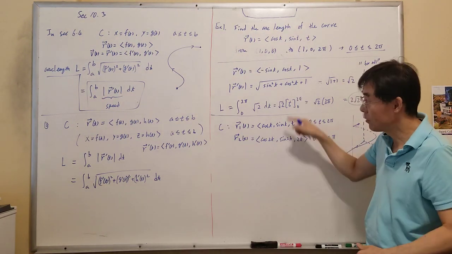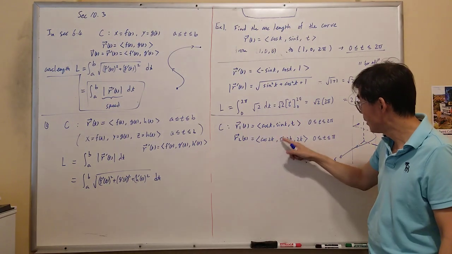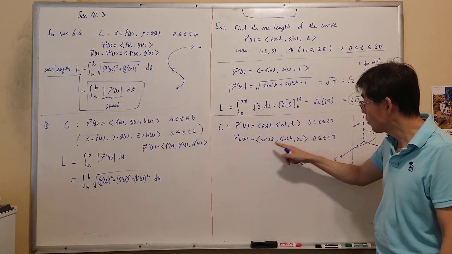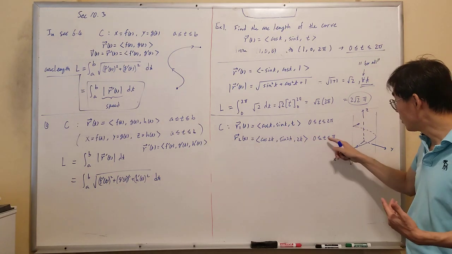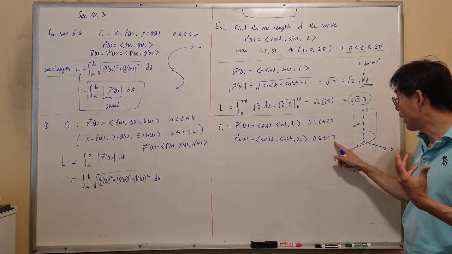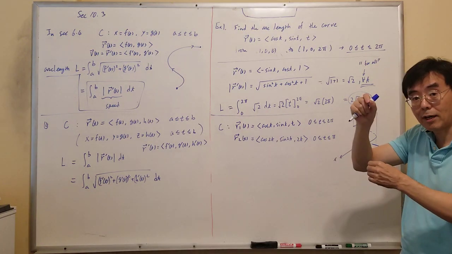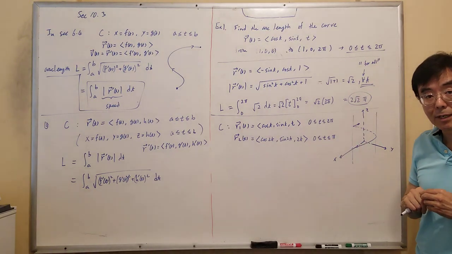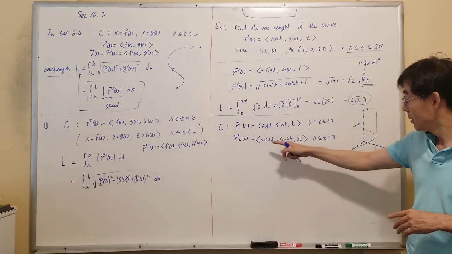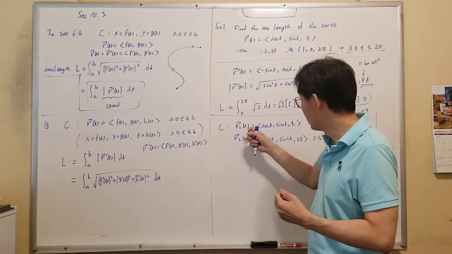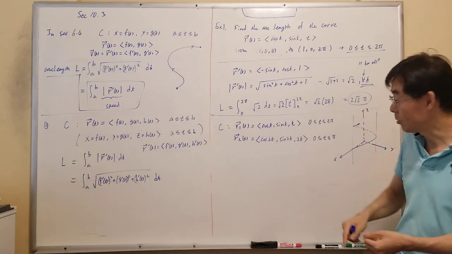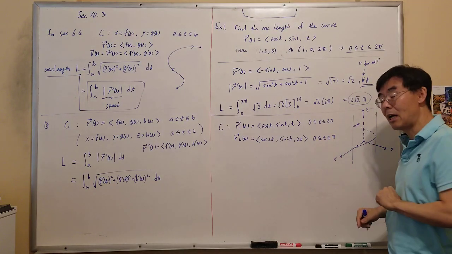You cover the circle twice as fast. Your z coordinate also goes twice as fast. So they will be on the same trajectory. If I measure time from 0 to pi, it just covers the same track in half the amount of time because it goes twice as fast. But at least as a trajectory curve, these two vector functions go through exactly the same trajectory for these two time intervals.